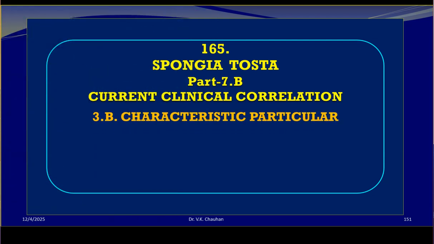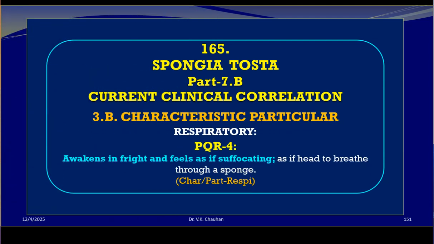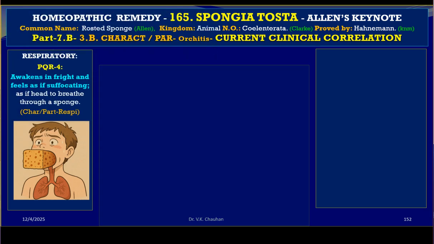Well friends, we go now to the respiratory system, and here we have PQR4: awakens in fright and feels as if suffocating, as if had to breathe through a sponge. Let us analyze this particular symptom.